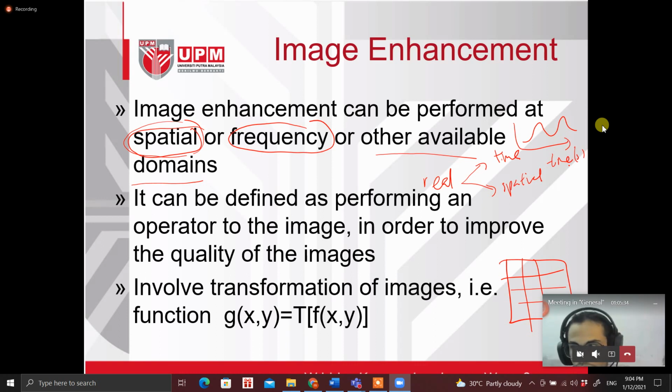I'm teaching all of you in 2 hours' time, so that is time domain. Spatial domain means things that you can see, because we have X and Y representing the pixels, and you can see the pixels as an image. That's why we call it the spatial domain or real domain.